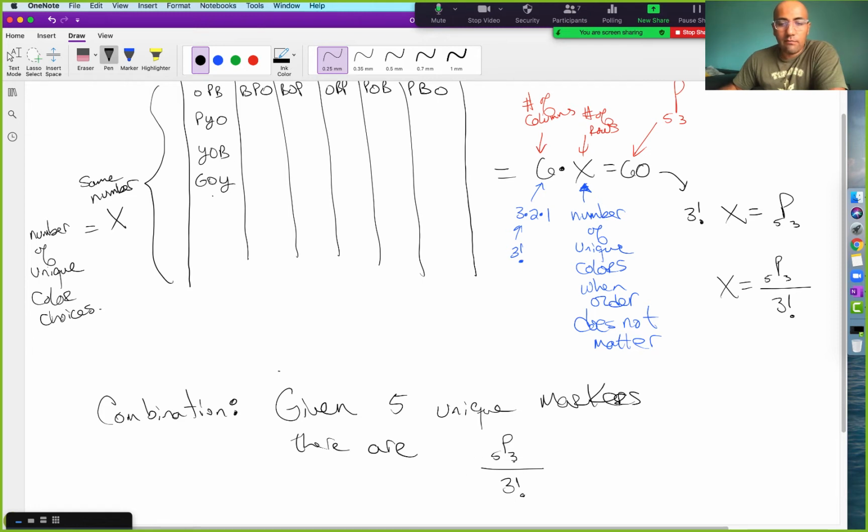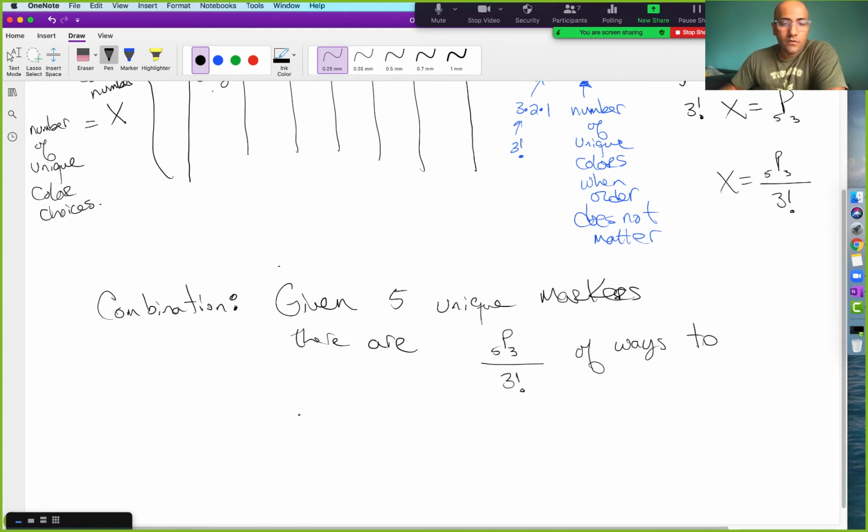So this number is the number of ways to select 3 markers when order does not matter.